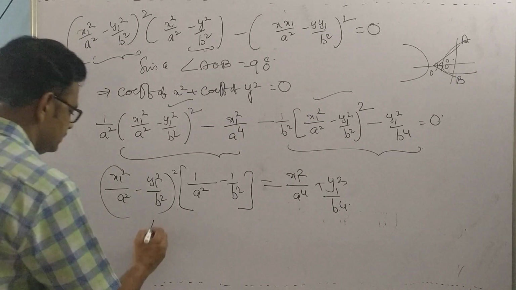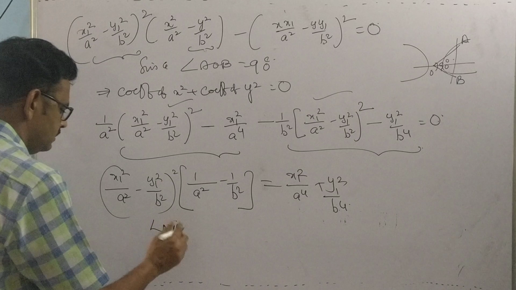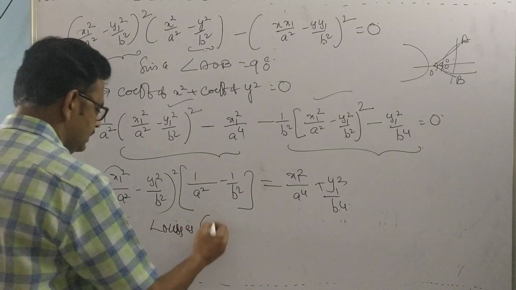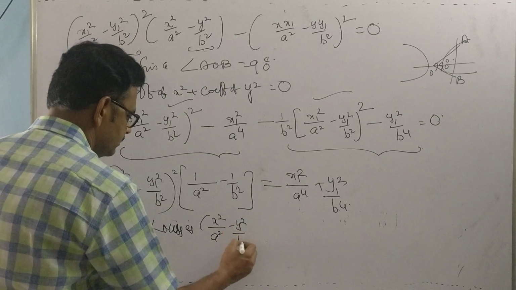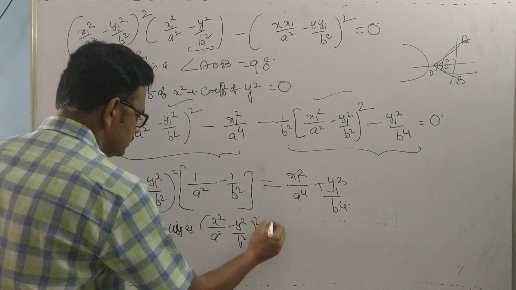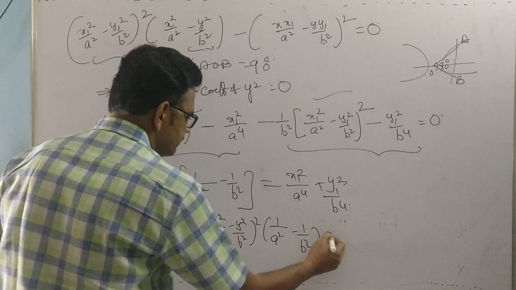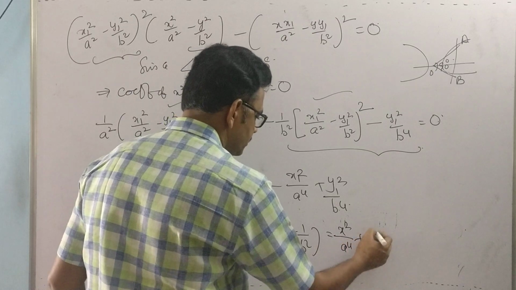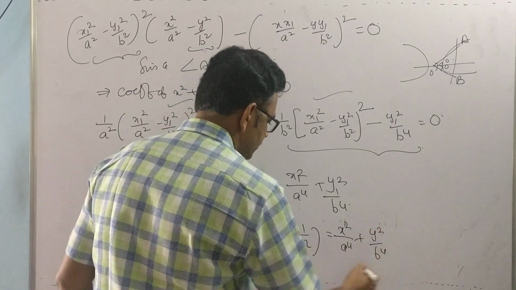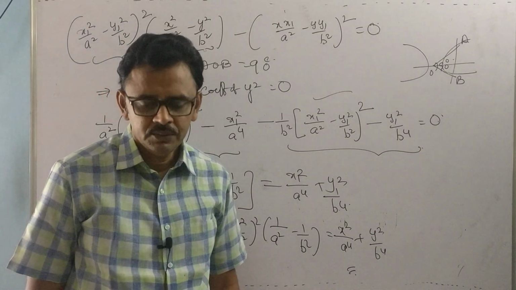Therefore, the locus is x square by a square minus y square by b square whole square into 1 by a square minus 1 by b square is equal to x square by a power 4 plus y square by b power 4. Okay, right on. Thank you.